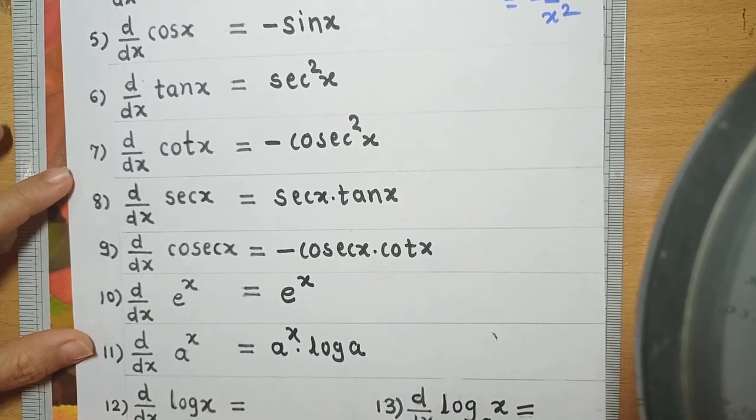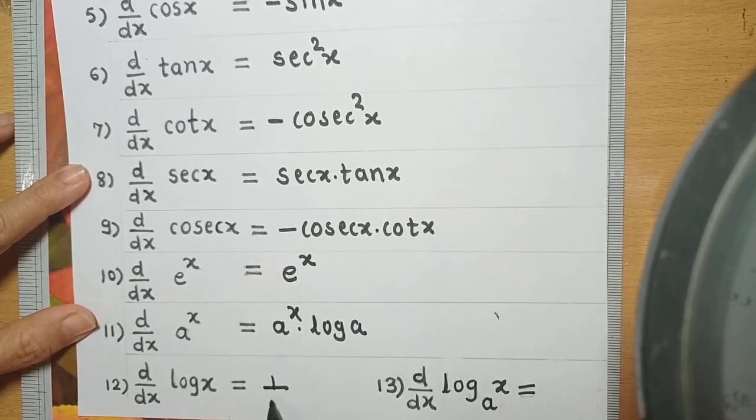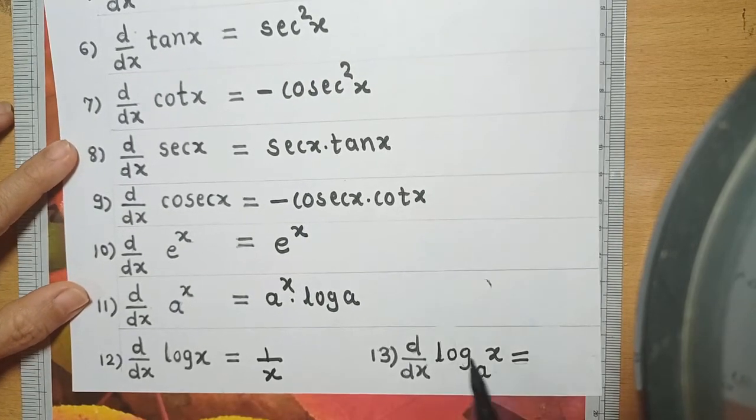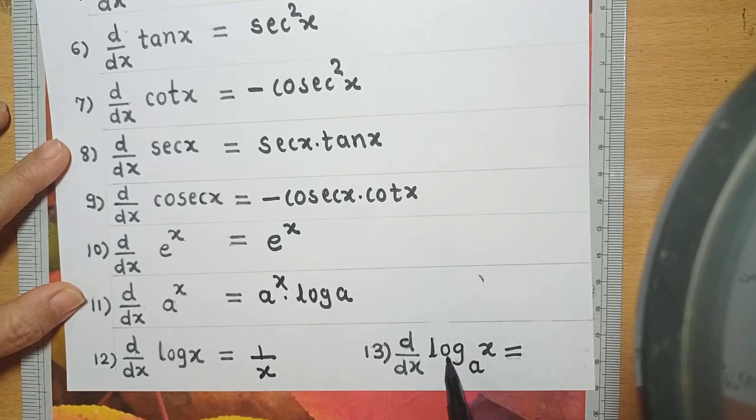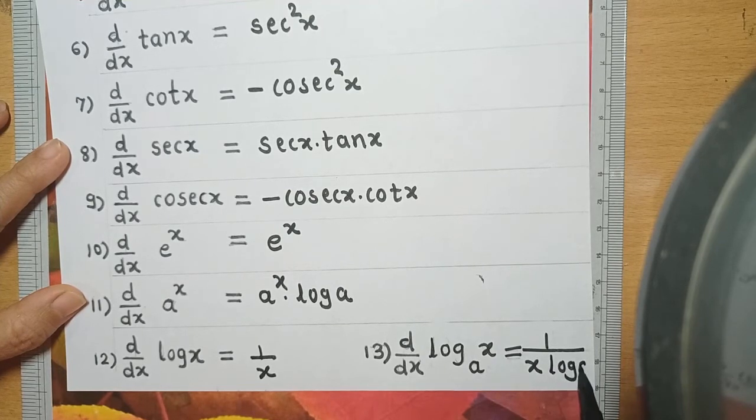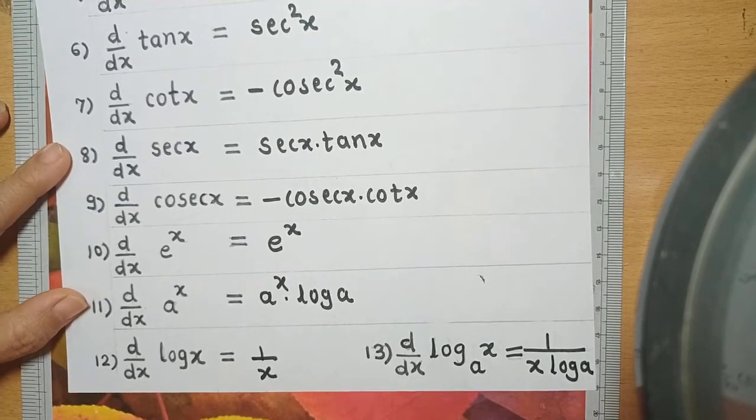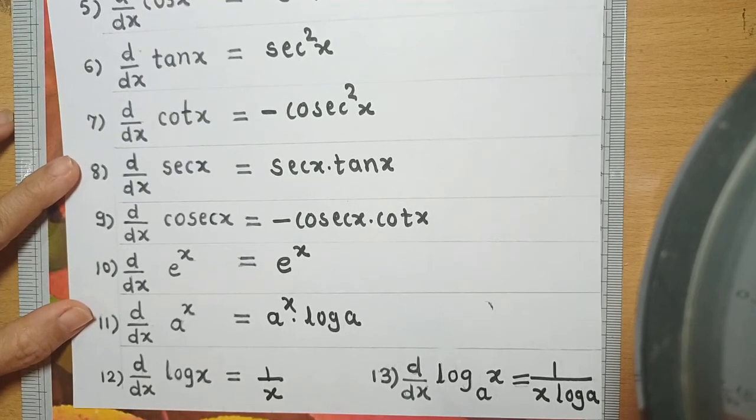Derivative of log x is 1 upon x, and last one, derivative of log x to the base a means log of x upon log a. So derivative of log x is 1 upon x and log a is there. So you have to learn all these formulae and solve examples based on this.